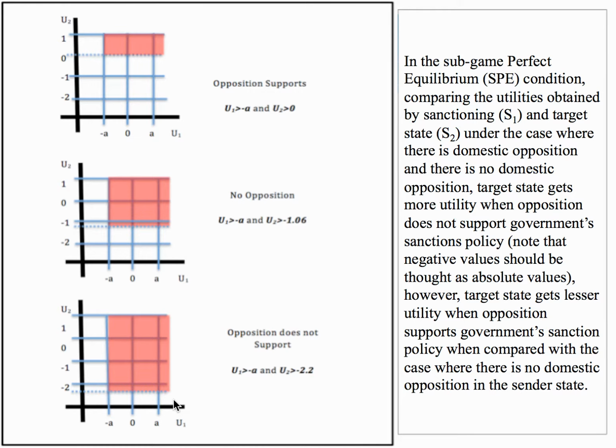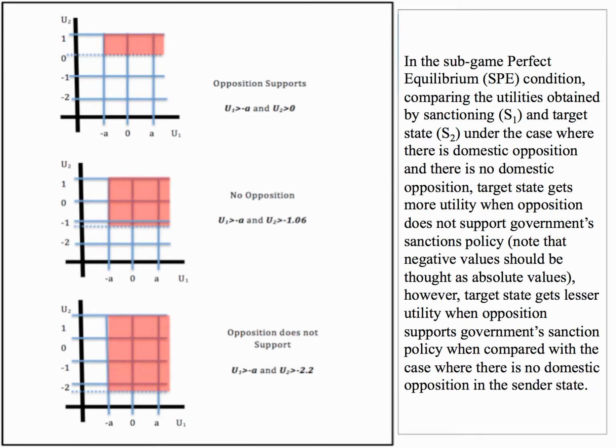And then overall, when I combined all three graphs that I got from the model, there is no opposition, and the model with the opposition, where opposition supports and where opposition opposes, and this is the overall result. So this shows that in subgame perfect equilibrium condition, comparing the utilities obtained by the players, target gets less payoff when the opposition does not support, and here target gets more when the opposition does not support, and less when the opposition supports.